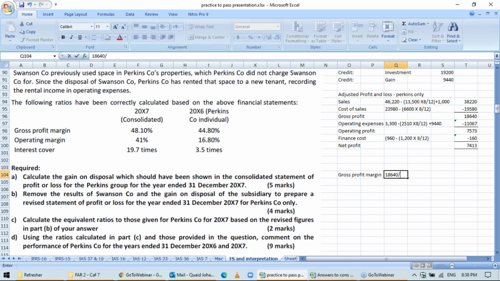Gross profit divided by sales. So the sales is 38,220 multiplied by 100.